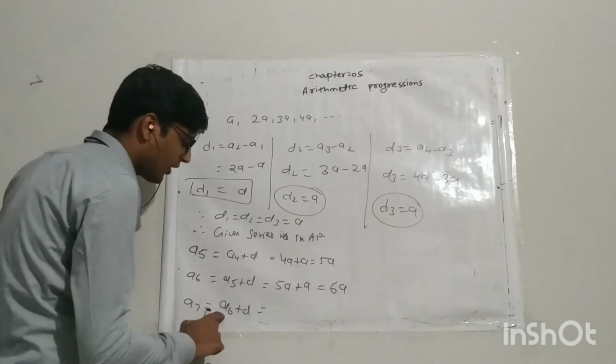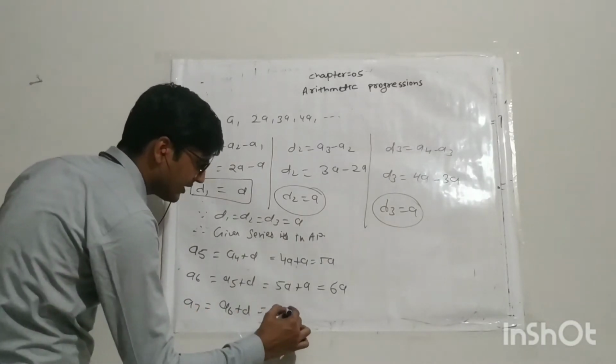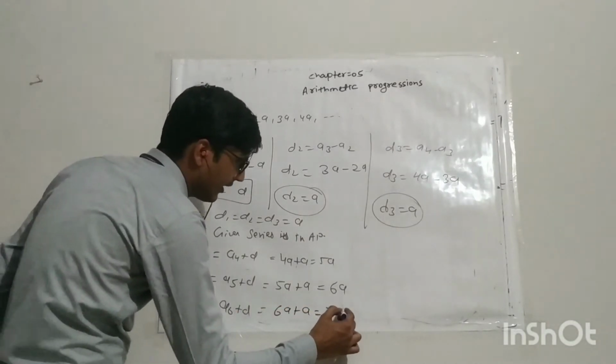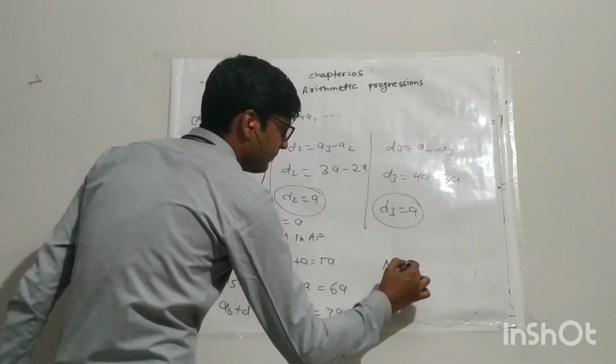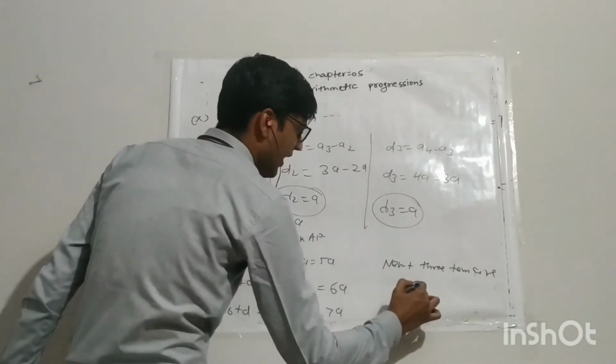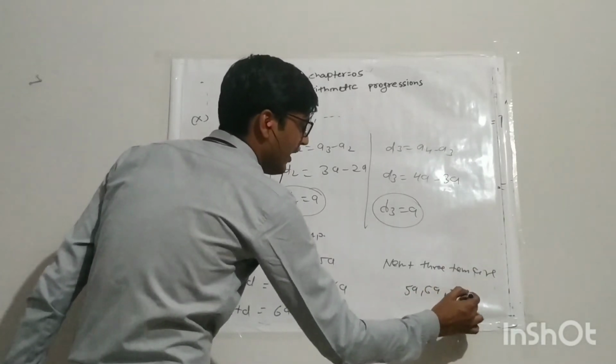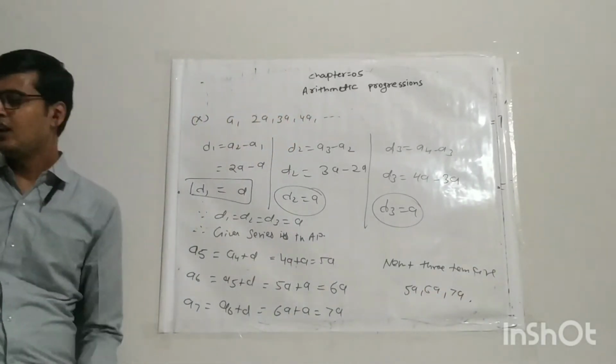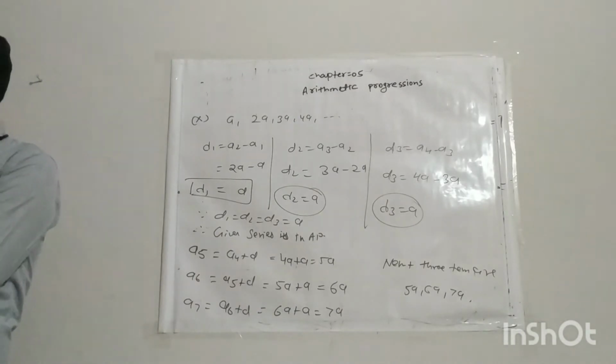Now A7 is A6 plus D, so 6A plus A we get 7A. So the next three terms are 5A, 6A and 7A.